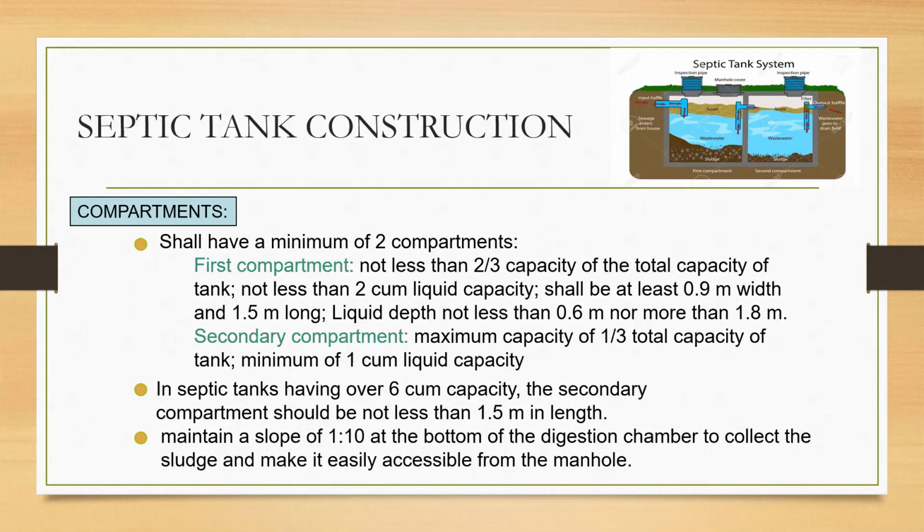Okay? And maintain also a slope of 1:10 at the bottom of the digestion chamber to collect the sludge and make it easily accessible from the manhole. So the ratio of the rise over the run, yung taas tsaka yung run is 10, 1:10. Okay?